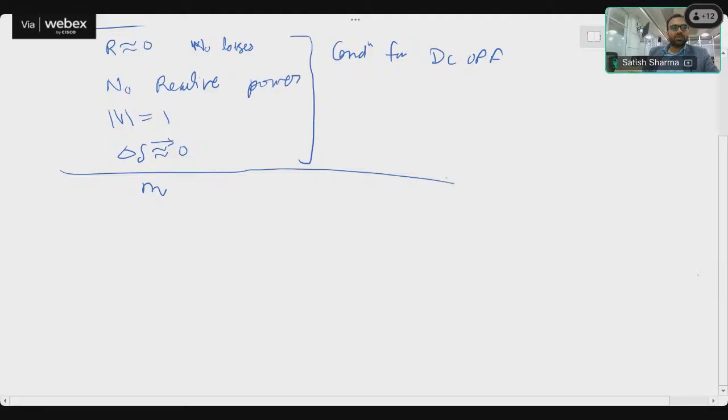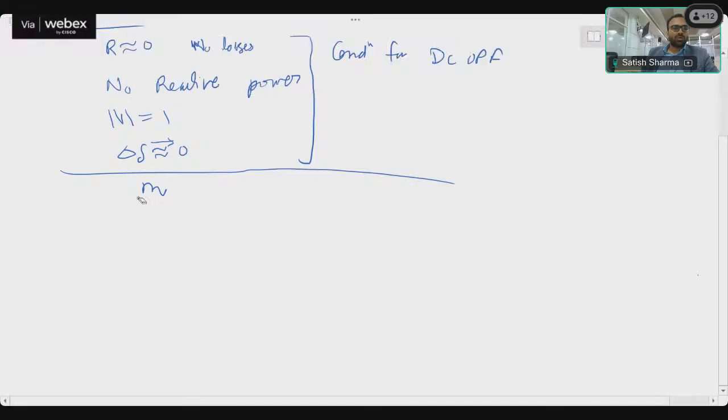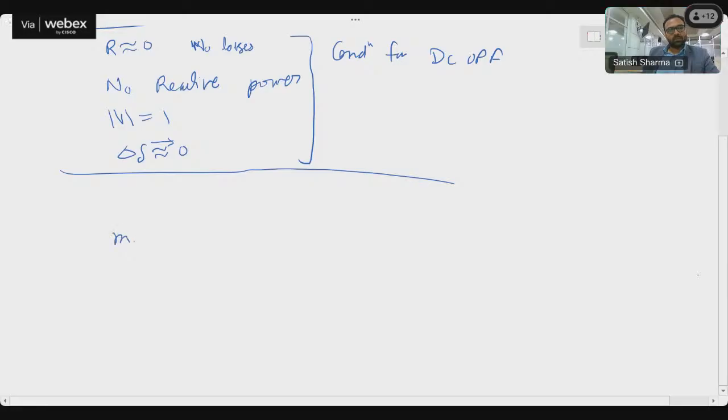I will keep the objective function equal to minimization of cost only, and that is equal to the same objective function. So we will keep the summation over i equals 1 to n of ci, and let's say use PGi, so that we don't get confused sometimes. So this is our objective function.